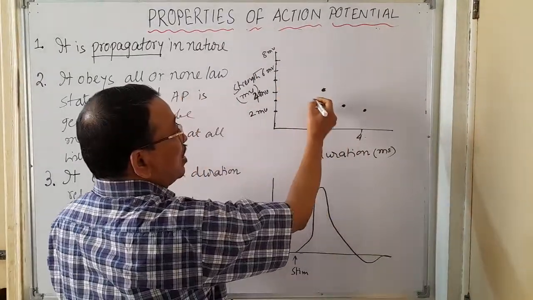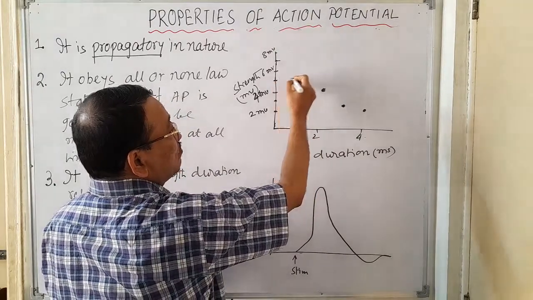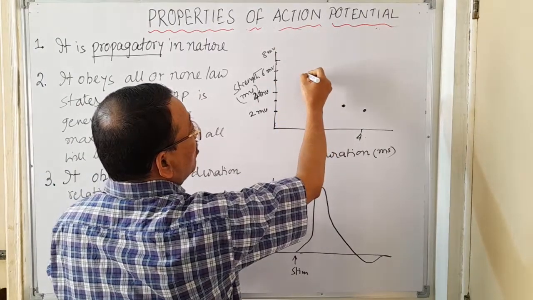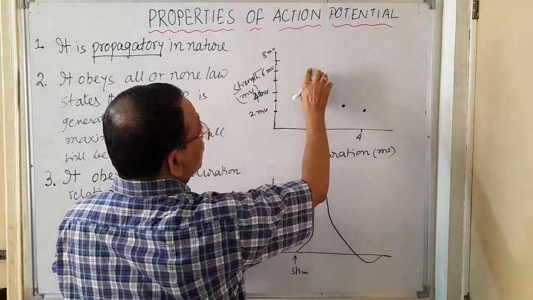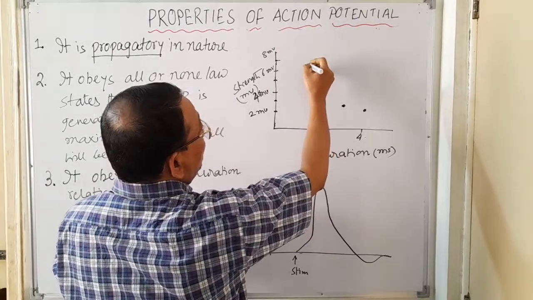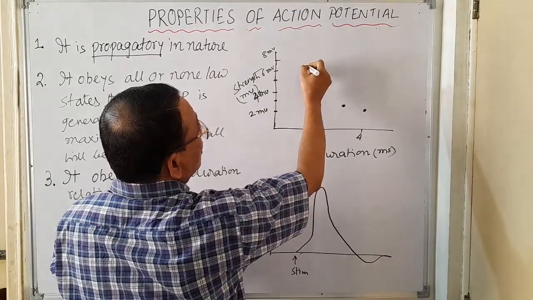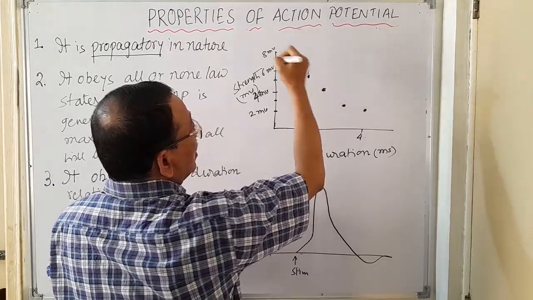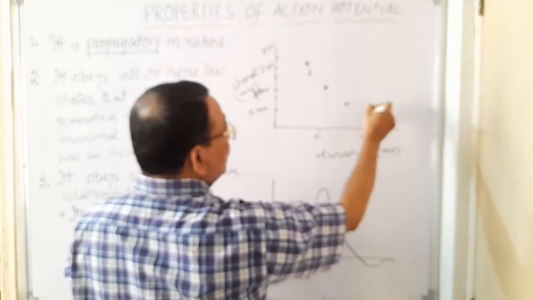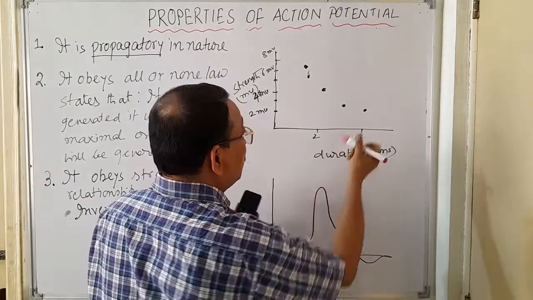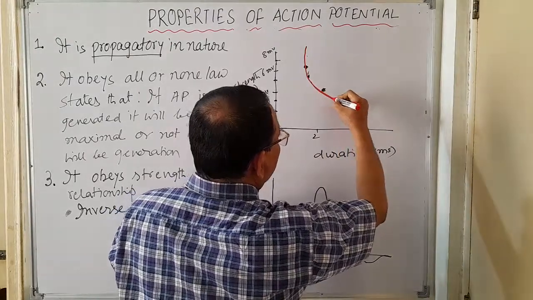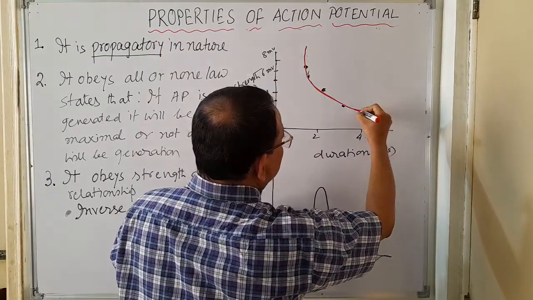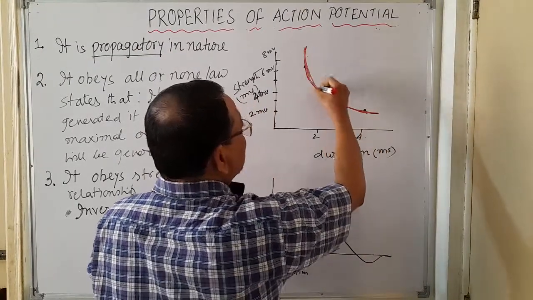If the strength of the stimulus is 5, the duration requirement will be further reduced. If it is 6, it will be, suppose, this much. So if I draw the curve, it will be like this.